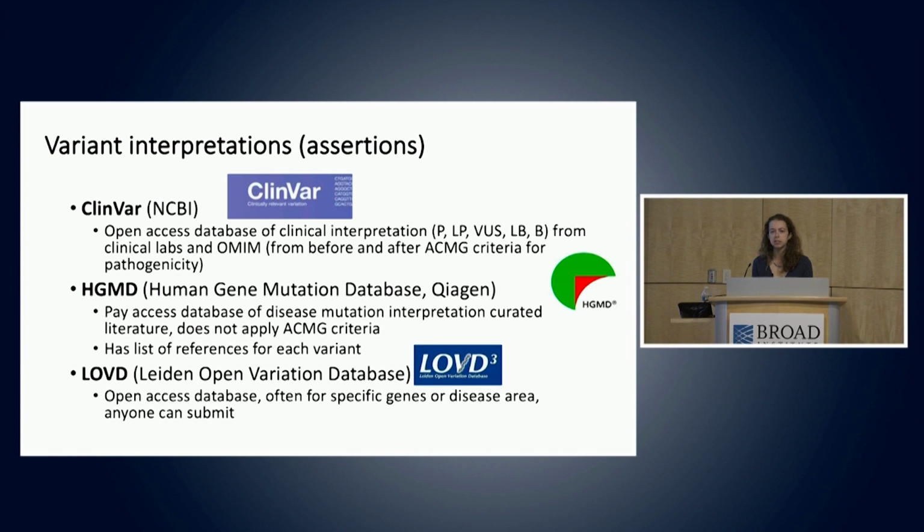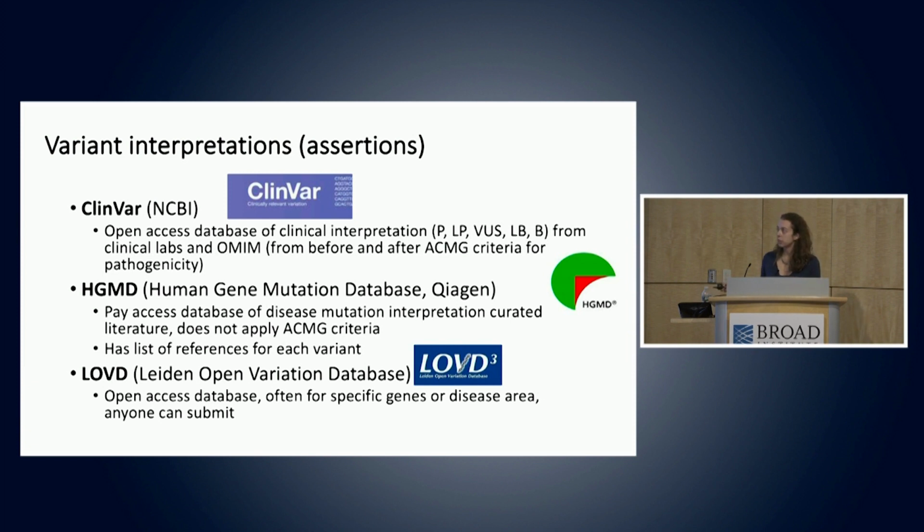And then LOVDs are databases that are often started by research groups where different people are putting information in. I view these like ClinVar, especially if there's a diagnostic lab and they've given their rationale for interpretation. I find that the most helpful.